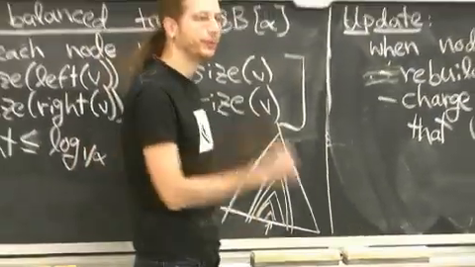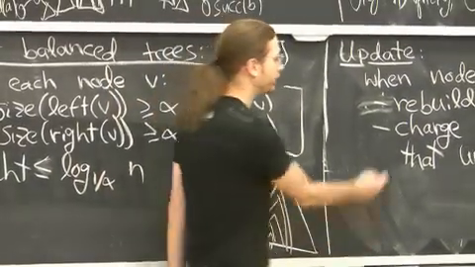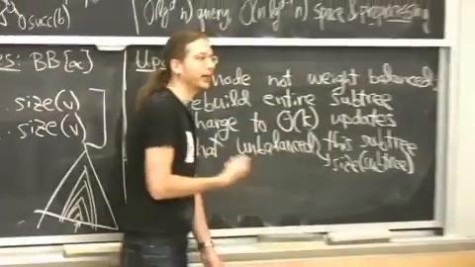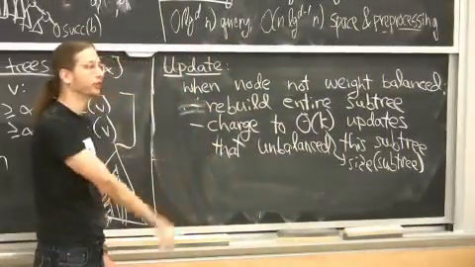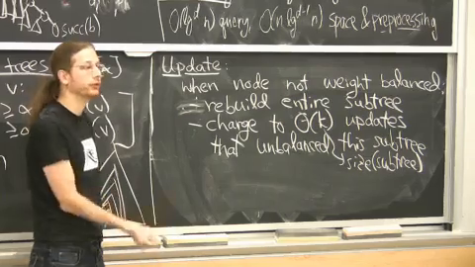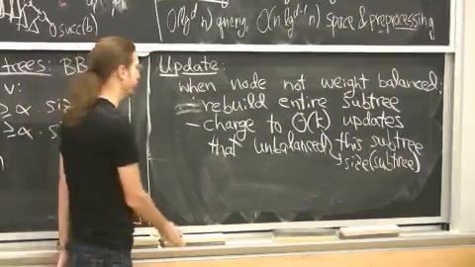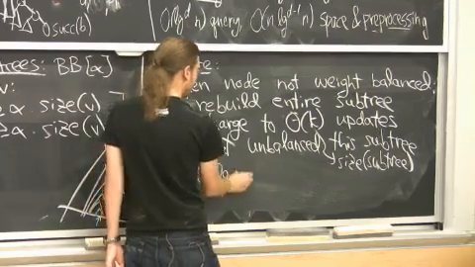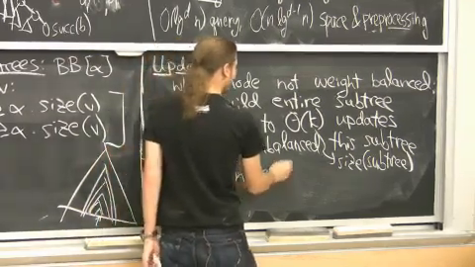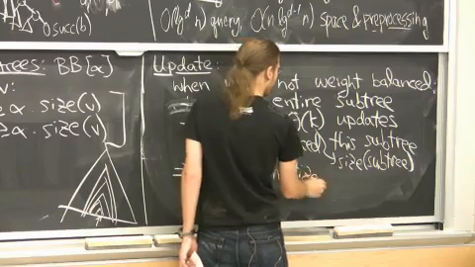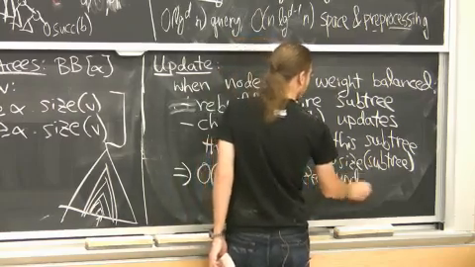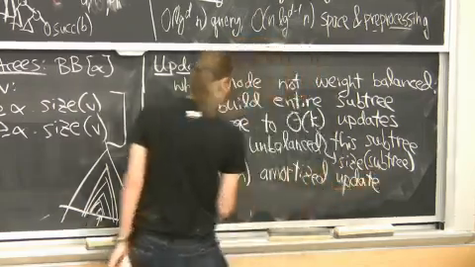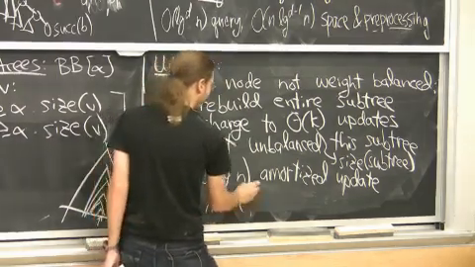Each of them may be getting worse. So I say, well, yeah, there are these theta k updates, but actually there are log n different subtrees that will charge to the same update. So I lose a log n factor in this amortization. But it's not so bad. I get log n amortized update. This is if a rebuild costs linear time.